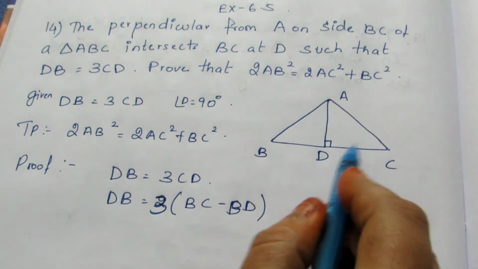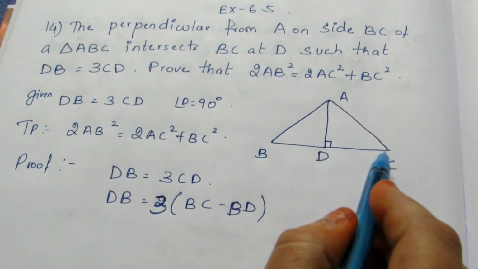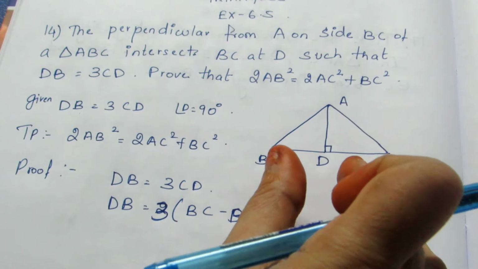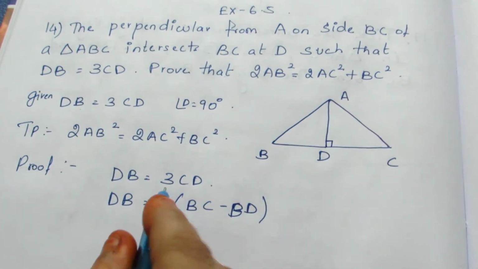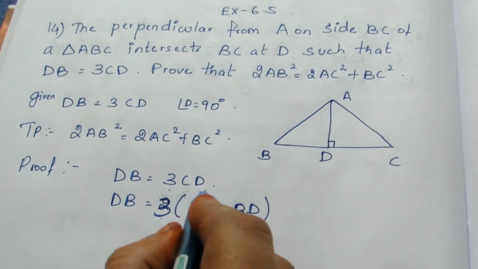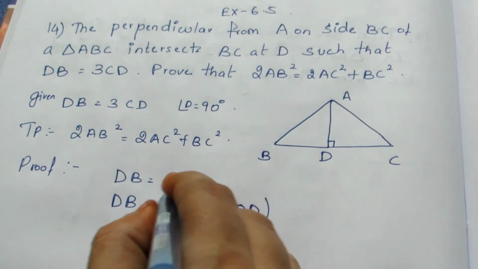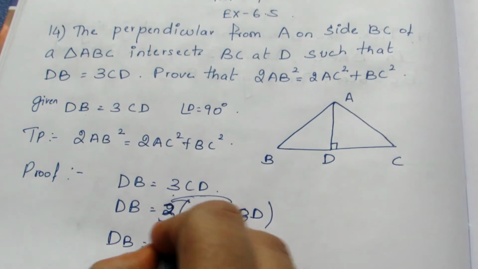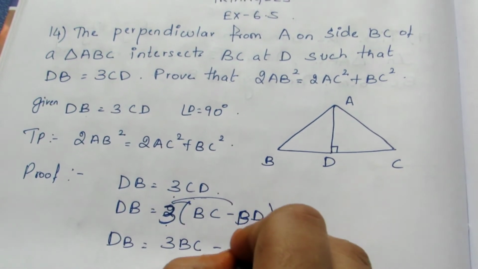Instead of CD, we can write BC minus BD, because if you take BC and remove BD, we will get CD. So DB equal to 3 times BC minus BD. Now multiply 3 inside. So DB equal to 3BC minus 3BD.